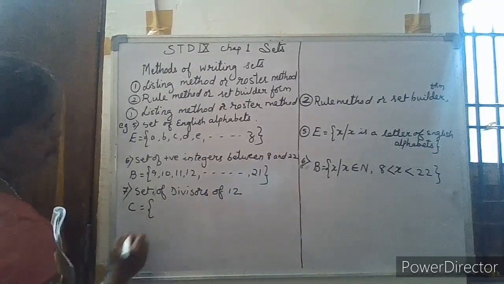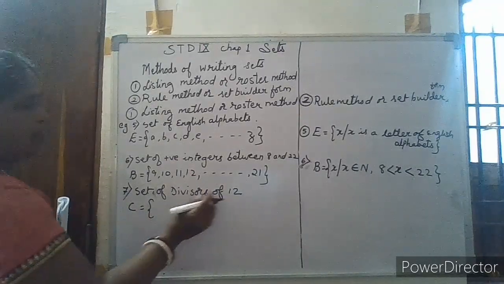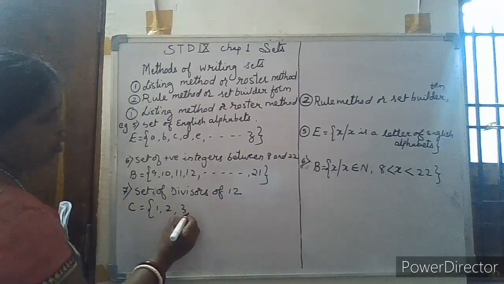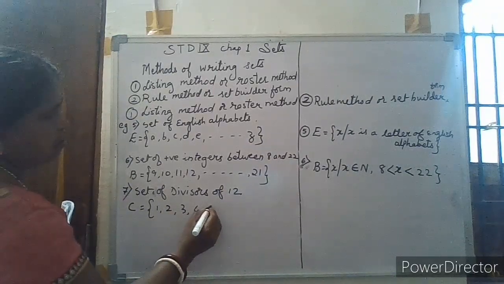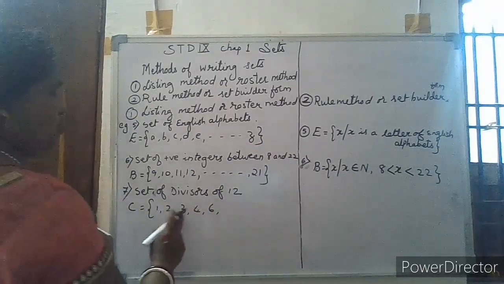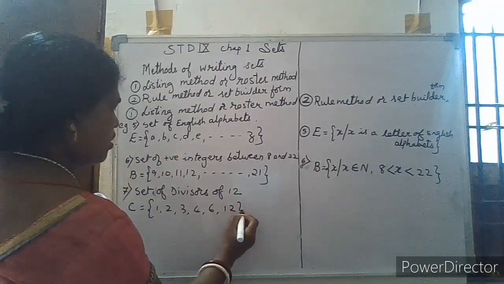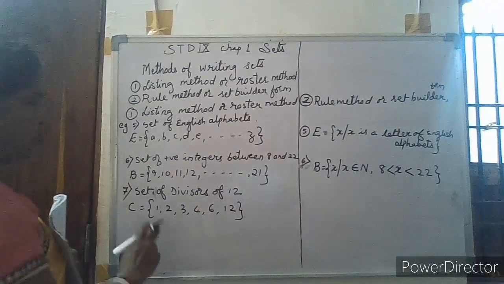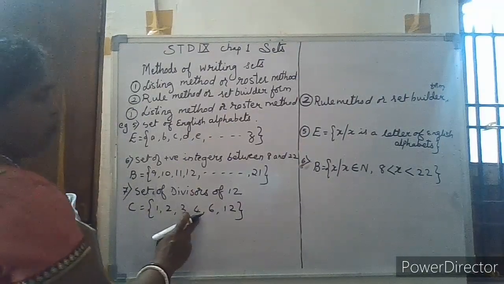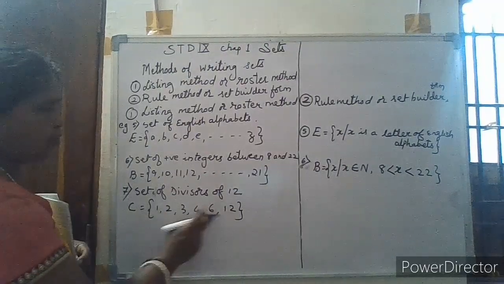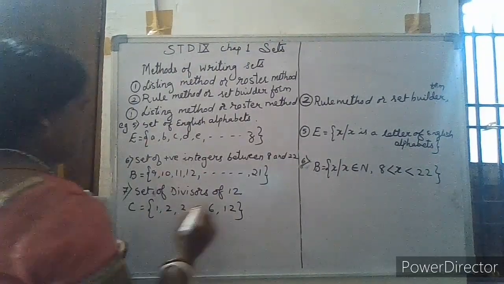Suppose C. Factors: this 12 can be divided by 1, 2, 3, 4, 6. 6 twos are 12. 3 fours are 12. Then again 12, it can be divided by itself also. So 1, 2, 3, 4, 6 and 12 are the divisors of 12. So they become the elements of this set.